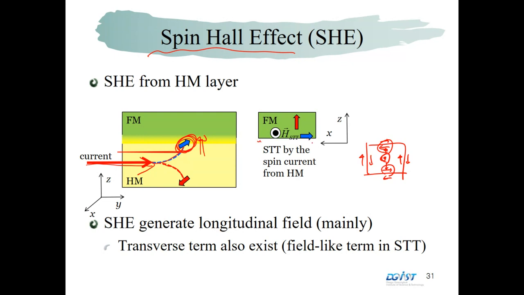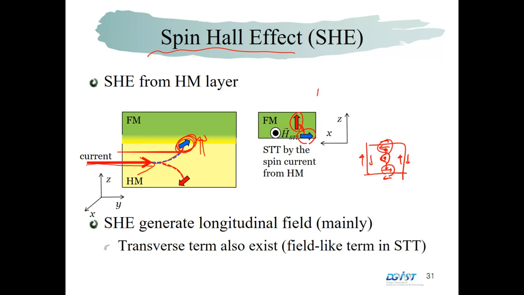In this cross-sectional view, the current is in the upward direction out of the screen, and the spin current is upward or downward with the different spin polarization. This blue one means the spin current from the heavy metal. And this is the ferromagnetic layer magnetization direction, there is torque between two of them.